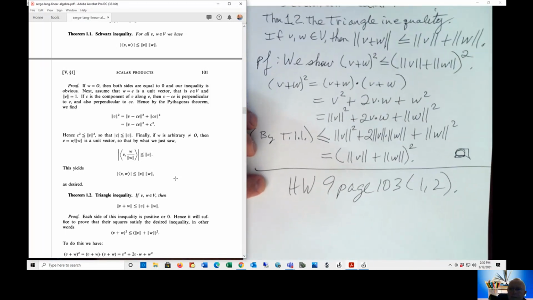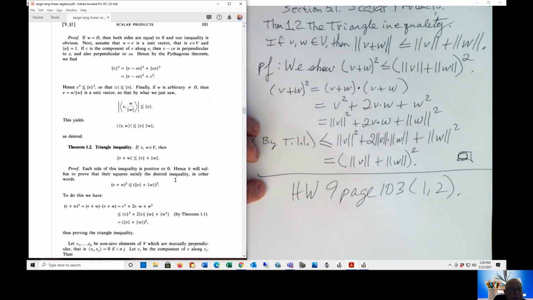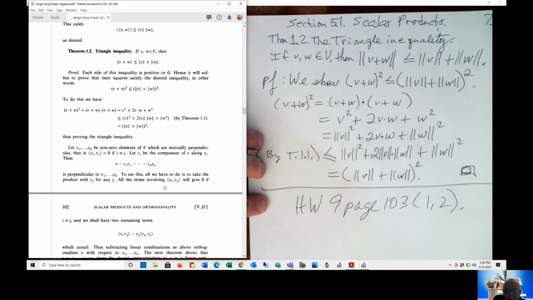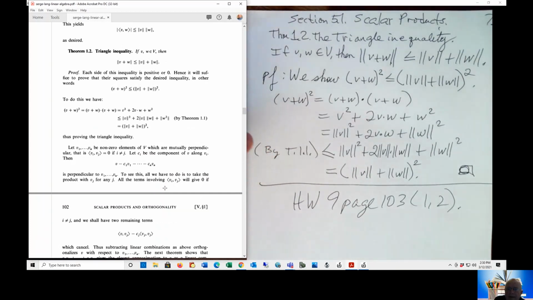Then finally, we have the famous triangle inequality. Now, the triangle inequality in geometry says the length of the longer side of a triangle is less than or equal to the sum of the lengths of the other two sides.